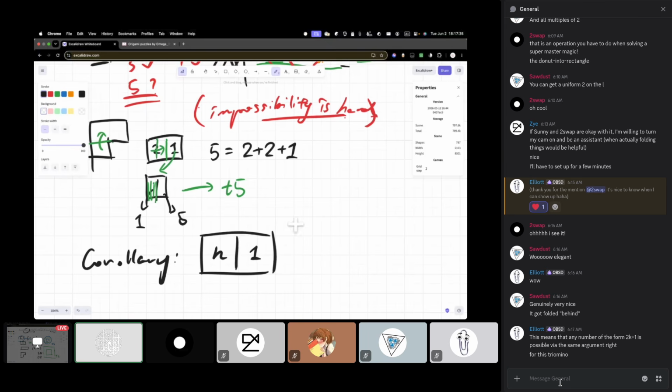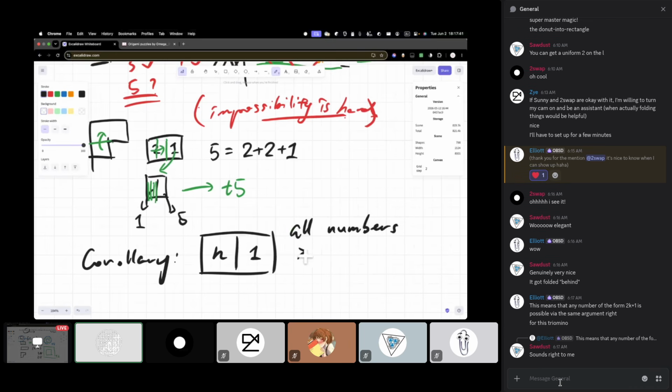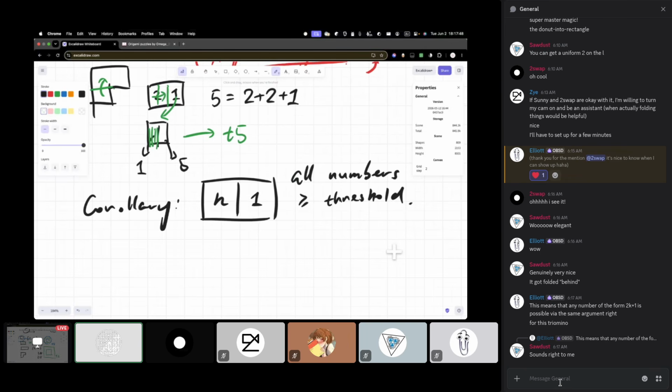For all numbers greater than a certain threshold, I can construct it. Like I can find the relevant thickness. And the threshold, I believe, is something like n times n minus 1, but I'm not sure. I'll need to adjust it slightly.